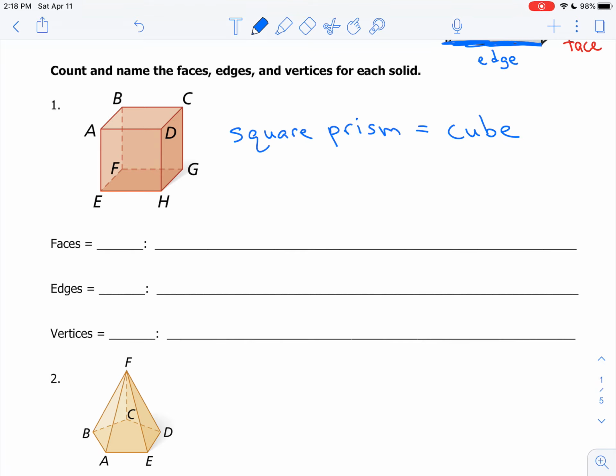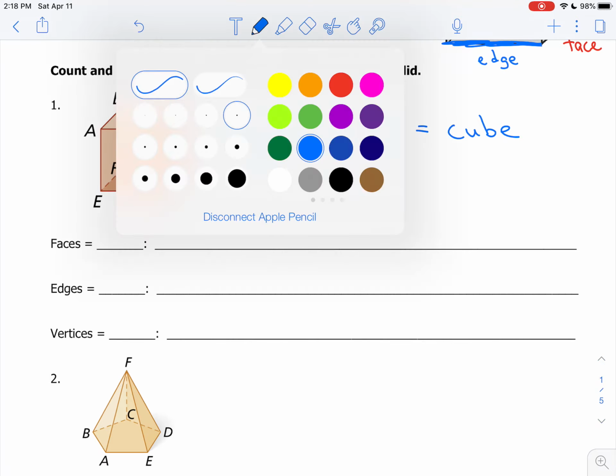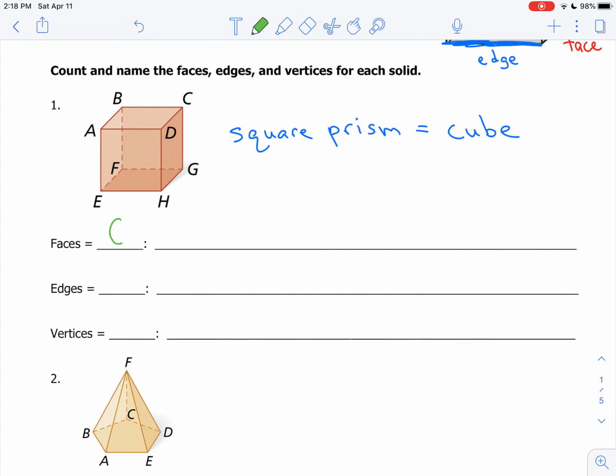If you think about what we did last week, the faces, there are 6 squares.